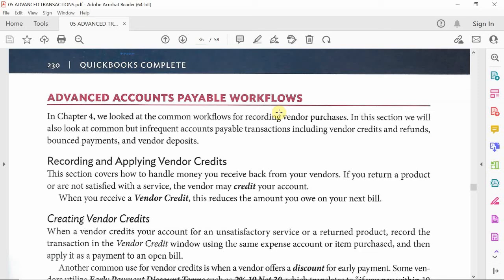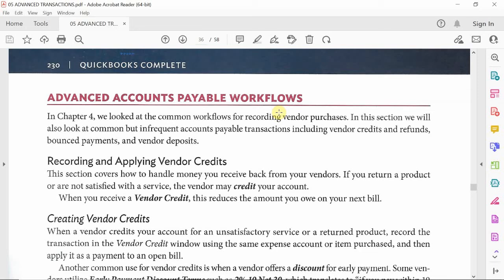So there are situations that cause us to have to return those products back to our vendors.